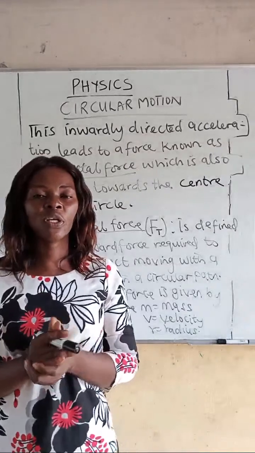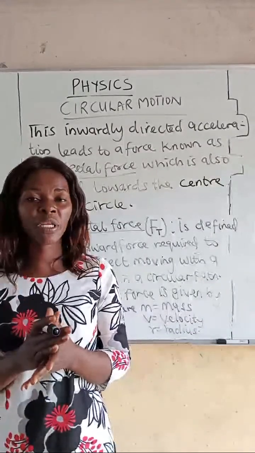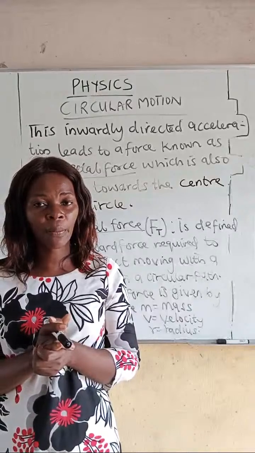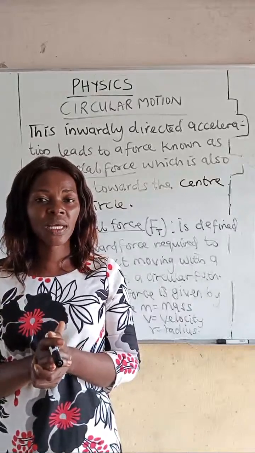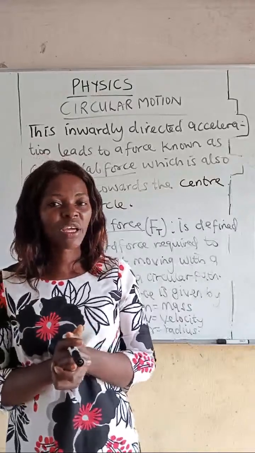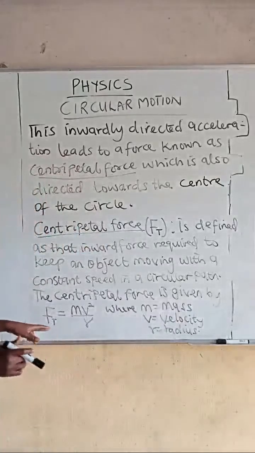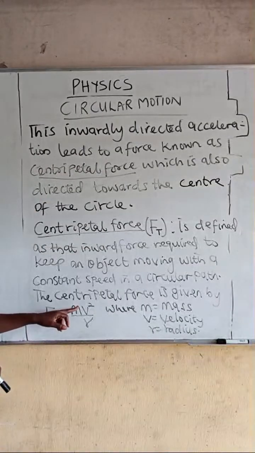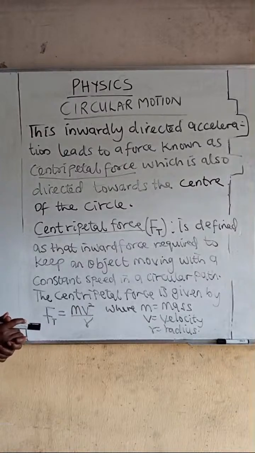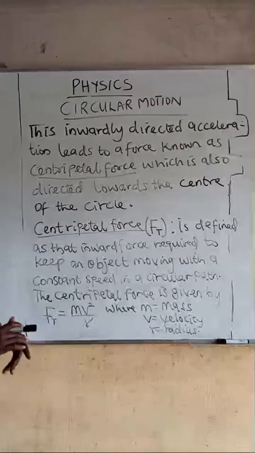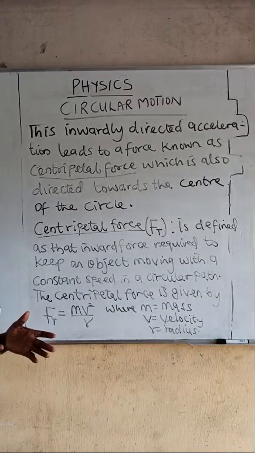So this particular force that is going to help us keep a body moving at a constant speed in a circular path is said to be centripetal force. And its magnitude is given by Fc equals mv squared over what? R. What does m stand for? Mass. What is v? Velocity or speed. What is r? Radius.